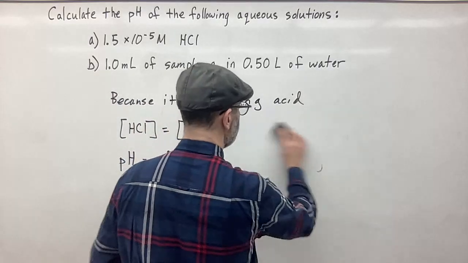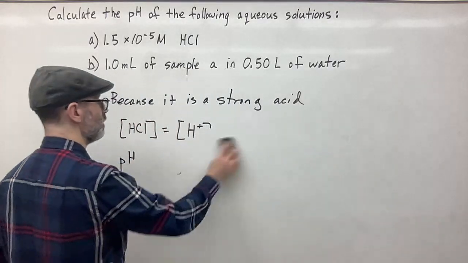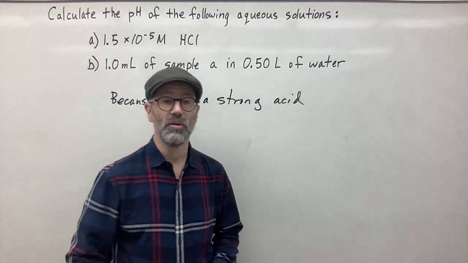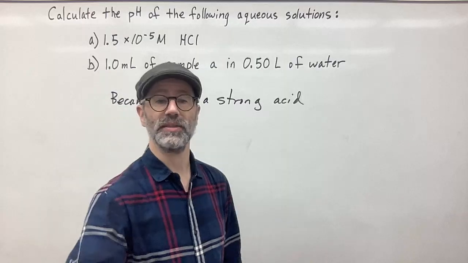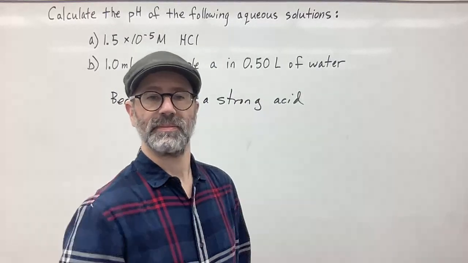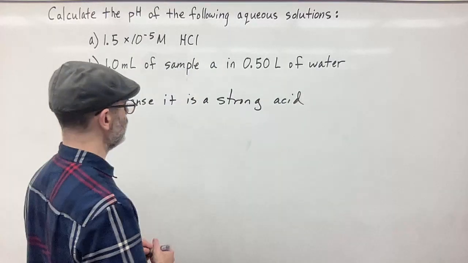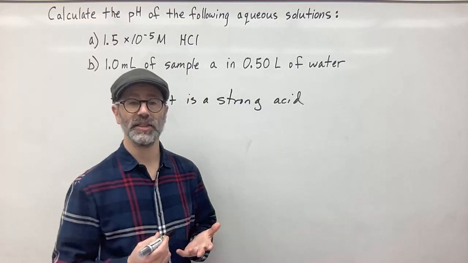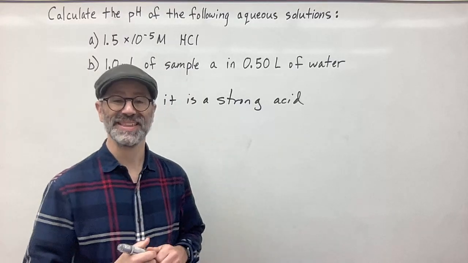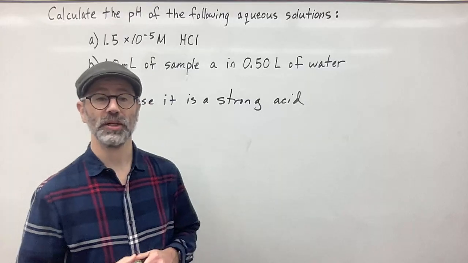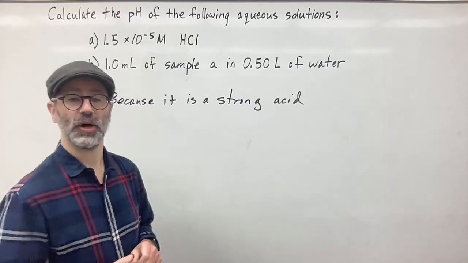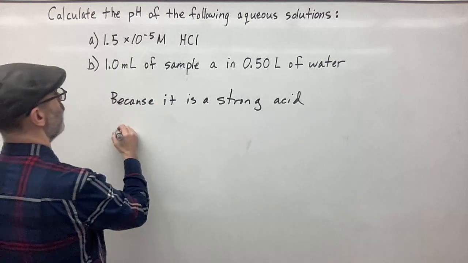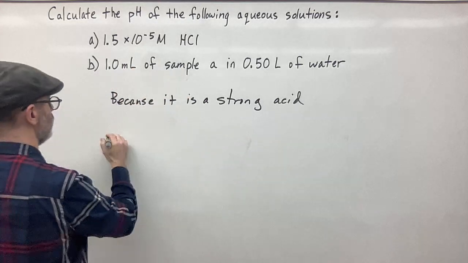So whenever you're diluting something, we're going to have to figure out what the new concentration is. The first thing we're going to need to do is figure out how many moles of the HCl or H plus is in 1 milliliter of this solution. So let's go ahead and do that. We have the molarity, right? And we're going to take 1 milliliter of that.